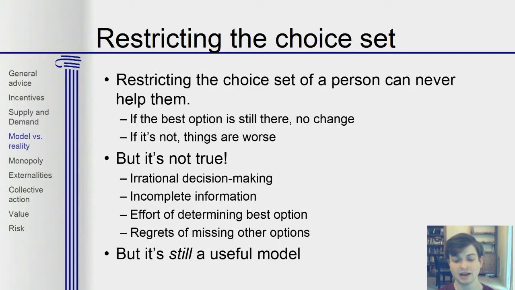So if you ever are arguing that it's not, a lot of the debate comes down to how big are the imperfections in the model? How rational are people? Is this a good approximation of reality or not? So it still tells you something about how the world works, even if it's not exactly true in any particular situation.